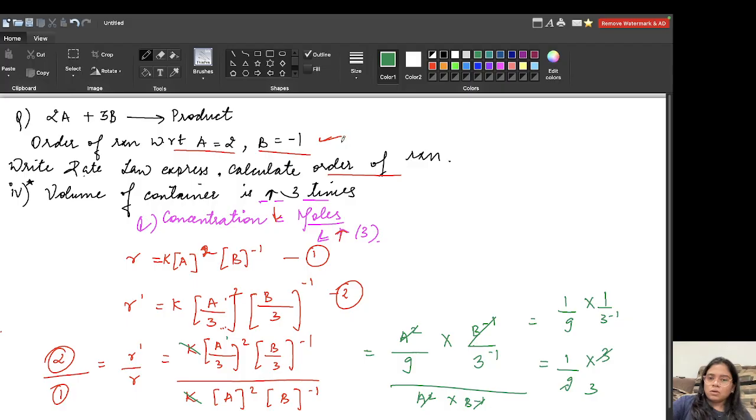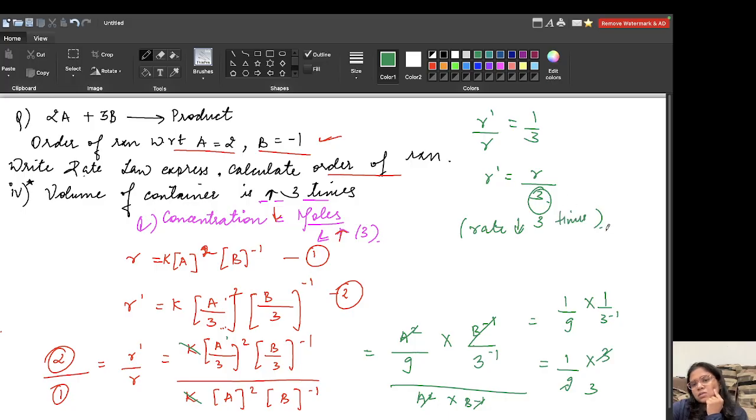So r dash by r equals 1 by 3. So new r will be r by 3. So rate is decreasing. What happens if you increase the volume of the container by 3 times? The rate will decrease 3 times.